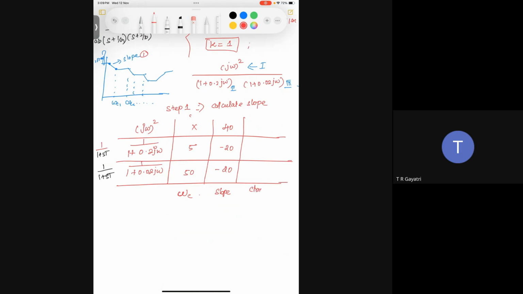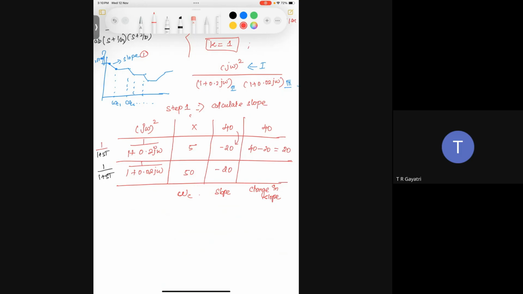The next thing is we are going to find the change in slope. Between one frequency and another, what is the change of slope that happened? I know these are all the slopes at different frequencies, but between these, how has it changed? If there is no change here, the slope will be 40. Between here, it has changed from 40 to minus 20, so 40 minus 20 is 20 at this point.